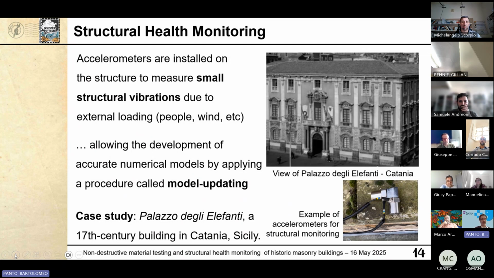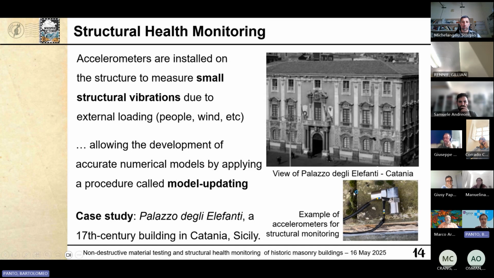Any structure, even if it is impossible to see with our eyes, is subject to continuous vibrations due to the fact that people walk inside and vehicles pass around. These are very small amounts of vibration that, if we are able to capture them, allow us to collect information about what the response of the structure is.